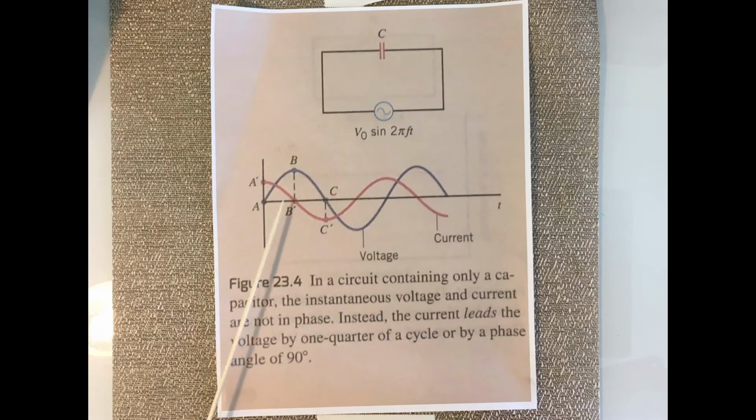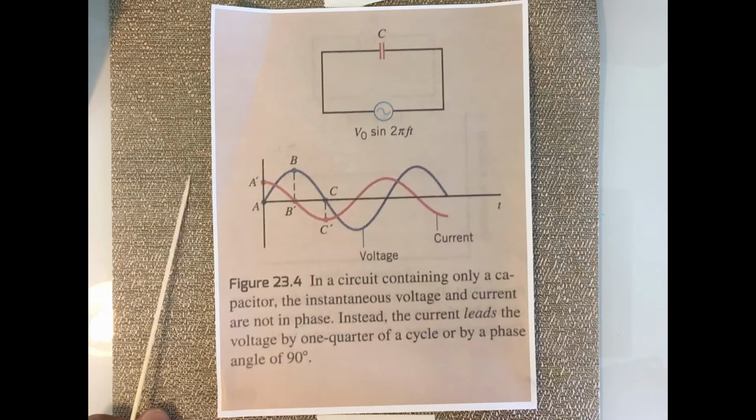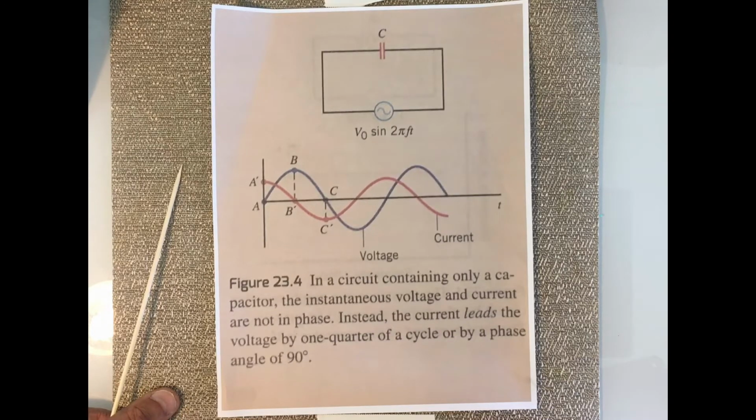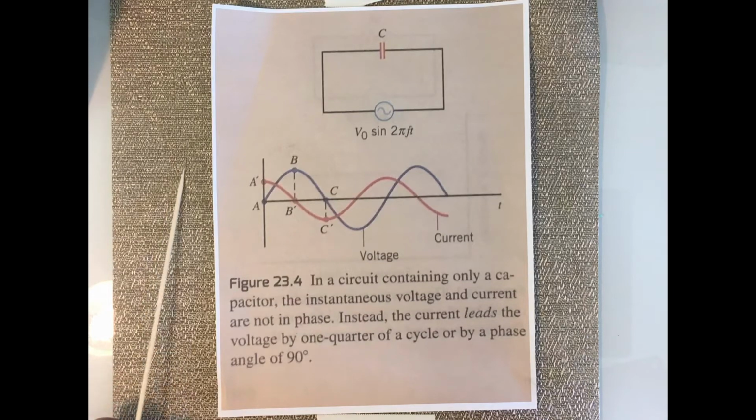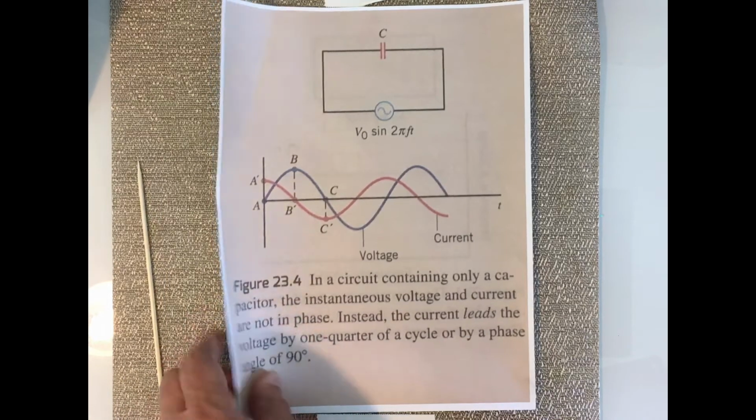Voltage starts from 0, goes negative, again 0, going to the max. So it shows that current is leading; they are not in phase, and current always leads by a quarter of a cycle, a phase angle of 90 degrees.